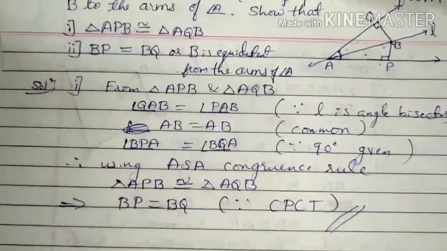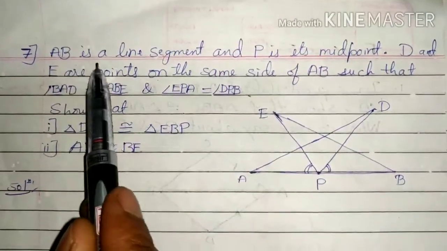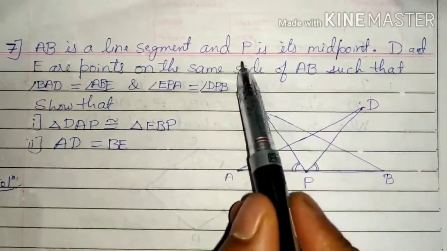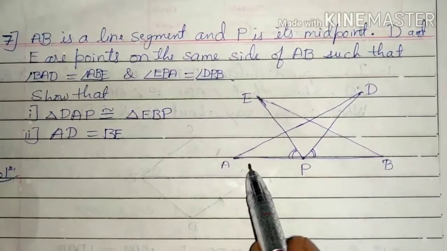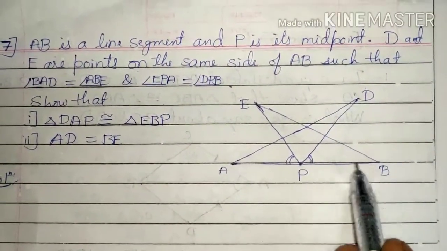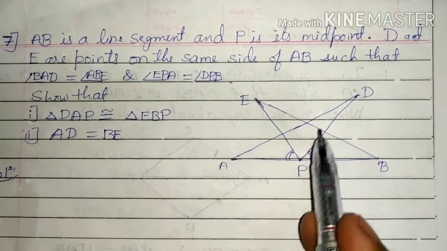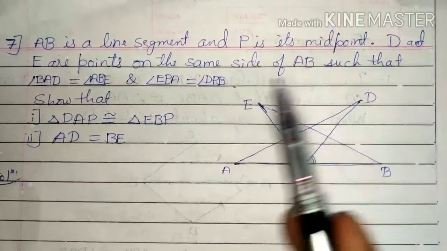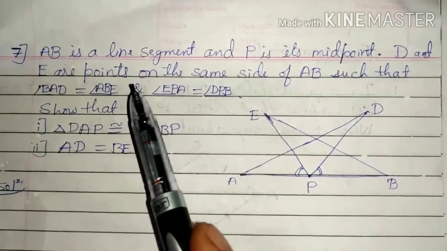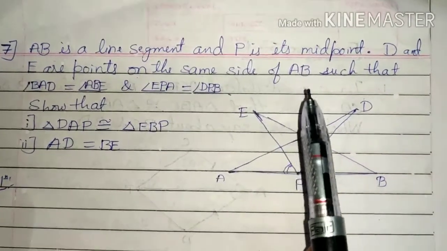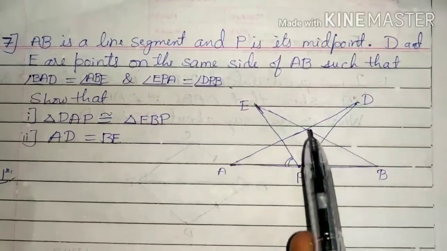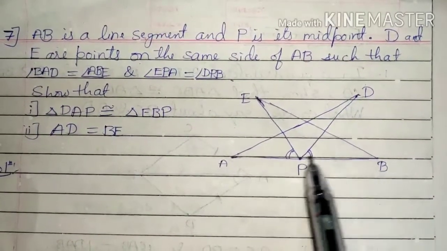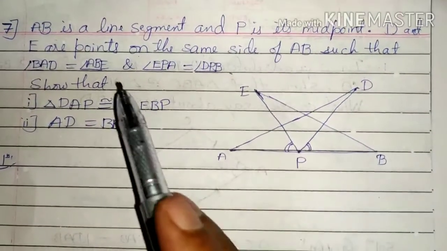Okay, next problem. AB is a line segment and P is its midpoint. D and E are points on the same side of AB, such that angle BAD is equal to angle ABE.